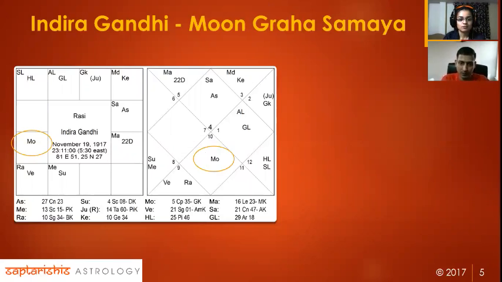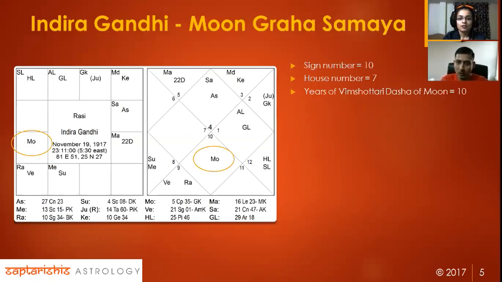Here we observe the sign number is 10, counting from Aries as 1. And the bhav or house number is 7, counting from the ascendant.